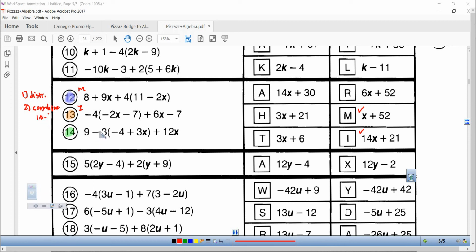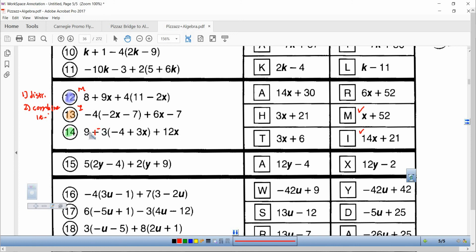All right, now I have to warn you that it gets a little tricky here when you have subtraction before your distributing, okay? Because this is a positive 3, but it's being subtracted. So my recommendation to you is when you have a subtraction and then you need to distribute, change it to adding a negative.